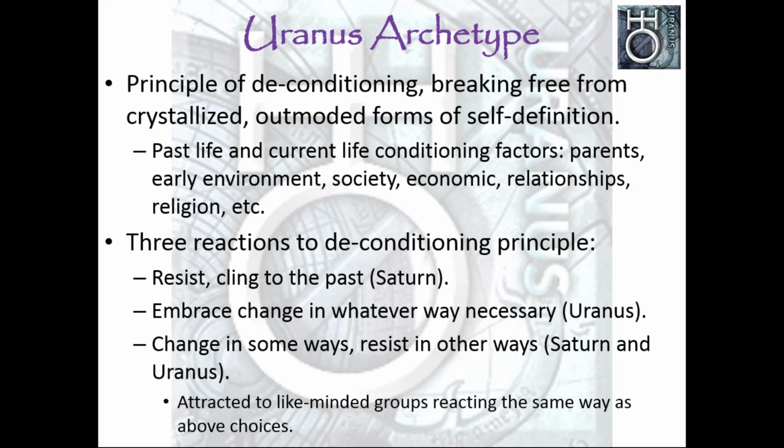Conditioning factors can be anything and everything, and they can come from anywhere. And as we move through our life, we're always trying to break free from these conditioning factors. The current life ones from our early environment, and then past life conditioning factors as they become conscious within our soul.